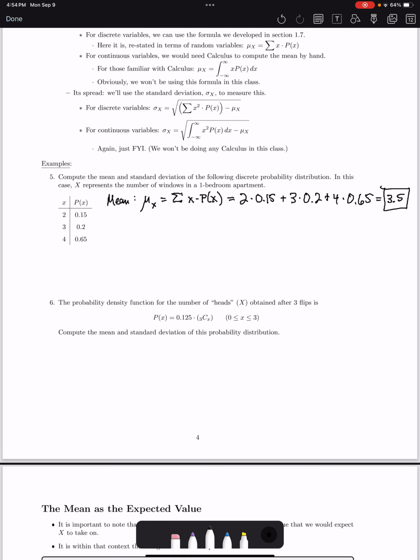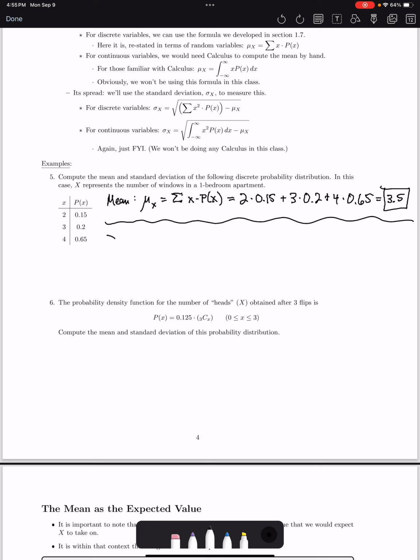Okay, we still need to do the standard deviation. So to do the standard deviation, the first thing I'm going to do is I've already got the mean, which is good because I need that for my standard deviation. So then let's compute this chunk, where we want to take x squareds and multiply by their corresponding probabilities.